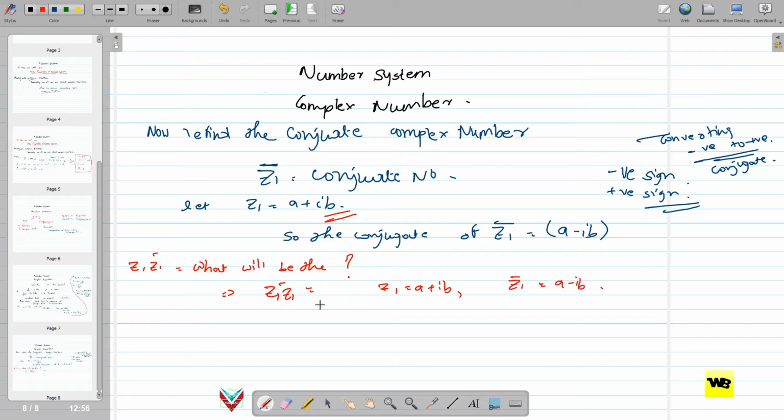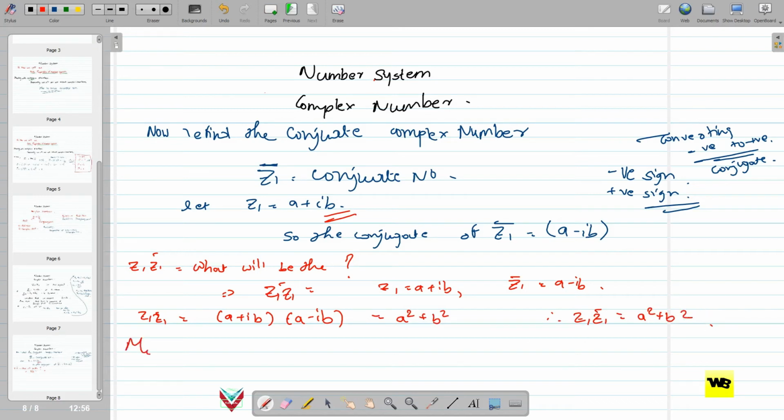Just put the values in Z1 and Z1 bar. We get a plus ib into a minus ib. So from here we can say that it equals a square plus b square.